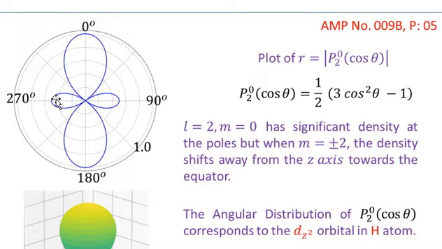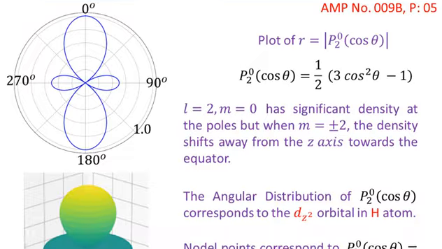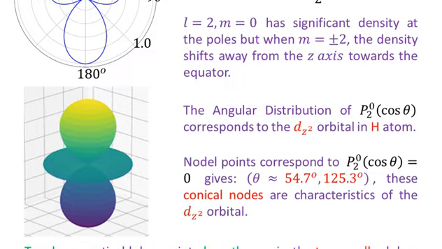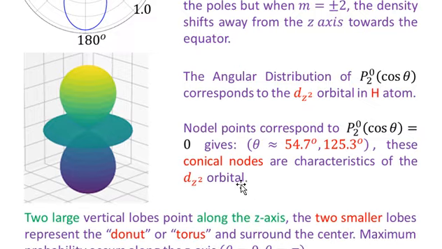But you know that if you consider this one in a three-dimensional picture, then of course the nodes will become conical nodes. So these two lines which I have discussed as different lines will appear as the conical nodes, the characteristics of the dz square orbital.